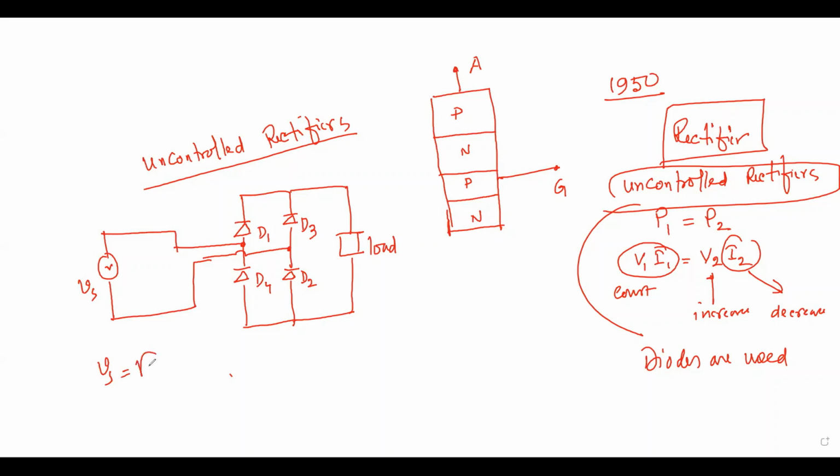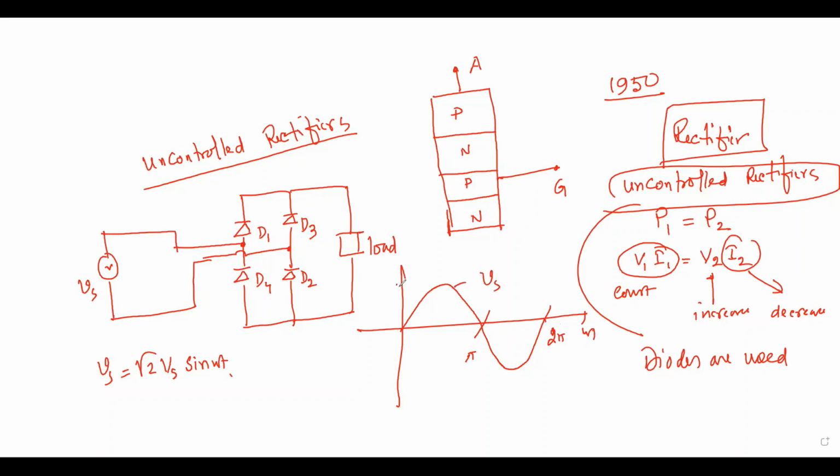If Vs equals √2 capital Vs sine of omega t, this is pi, this is twice pi on the omega t axis, and this is your Vs. So the peak value is √2 Vs, right? What will be the wave shape of your output voltage? The wave shape of the output voltage will be like this, right?